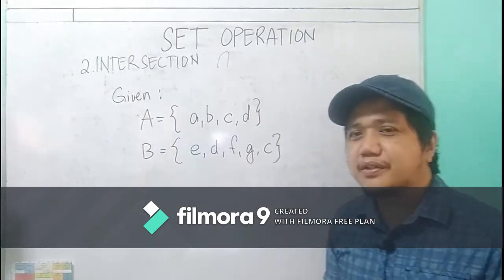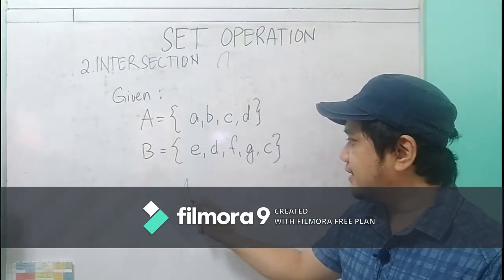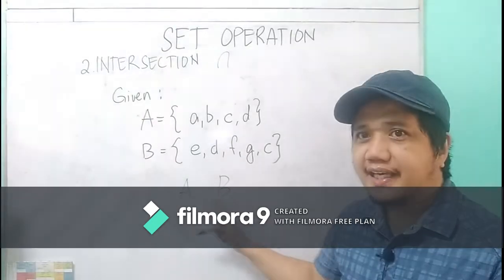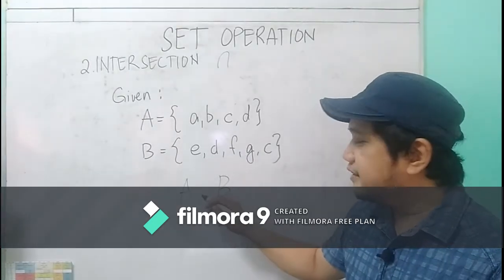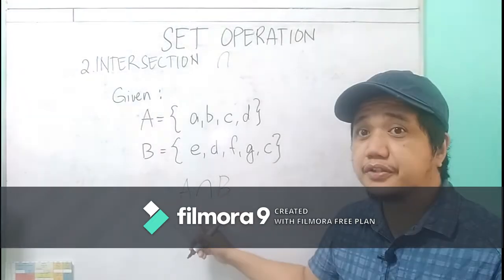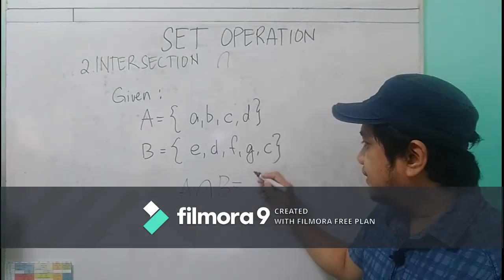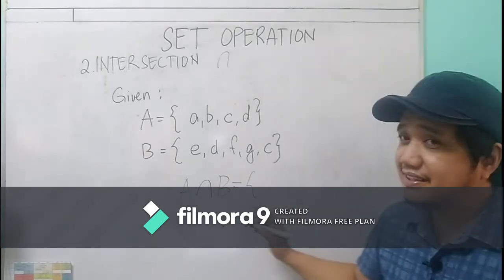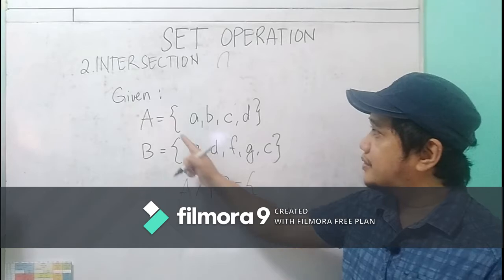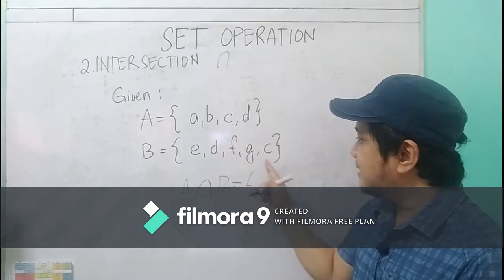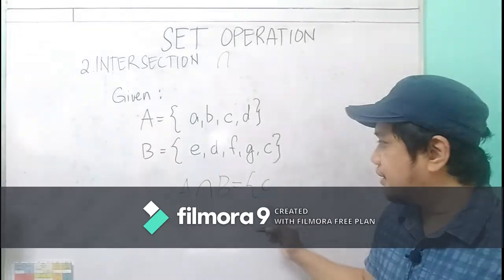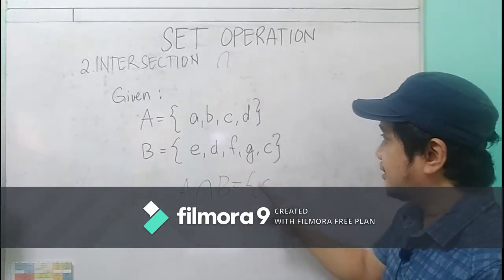So how are we going to write it? First, write the name of the set, that is A and B. And then write the symbol in between. The symbol is the inverted U. And then after that, rewrite the elements that are common in A and B. As we've said a while ago, C is common in A, C is also common in B. Therefore, you write C as one of the elements of our intersection.